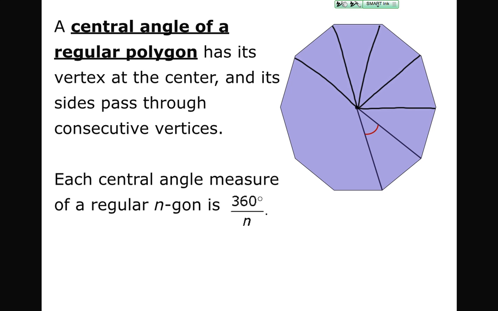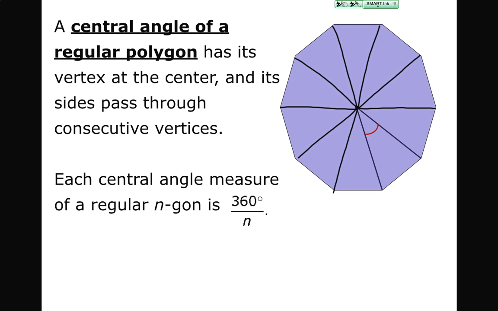So how many sides did I have here? I think 8. So in this octagon, got to remember the names of those shapes again. Was it octagon or maybe decagon? 1, 2, 3, 4, 5, 6, 7, 8, 9, 10. Okay, decagon. I was thinking I drew an octagon. Decagon, 10 angles.